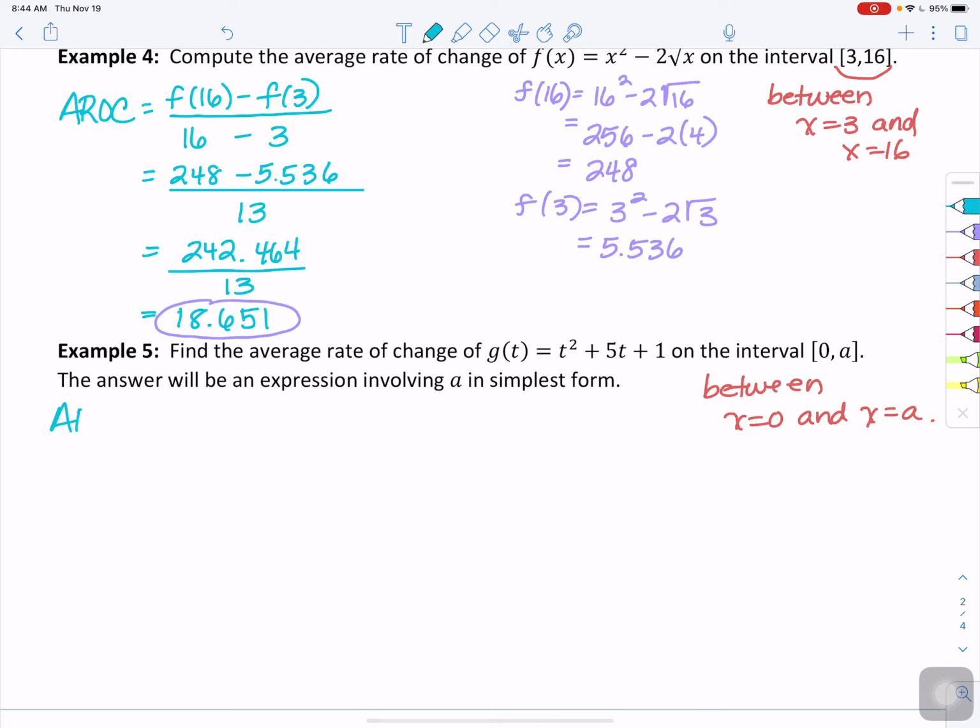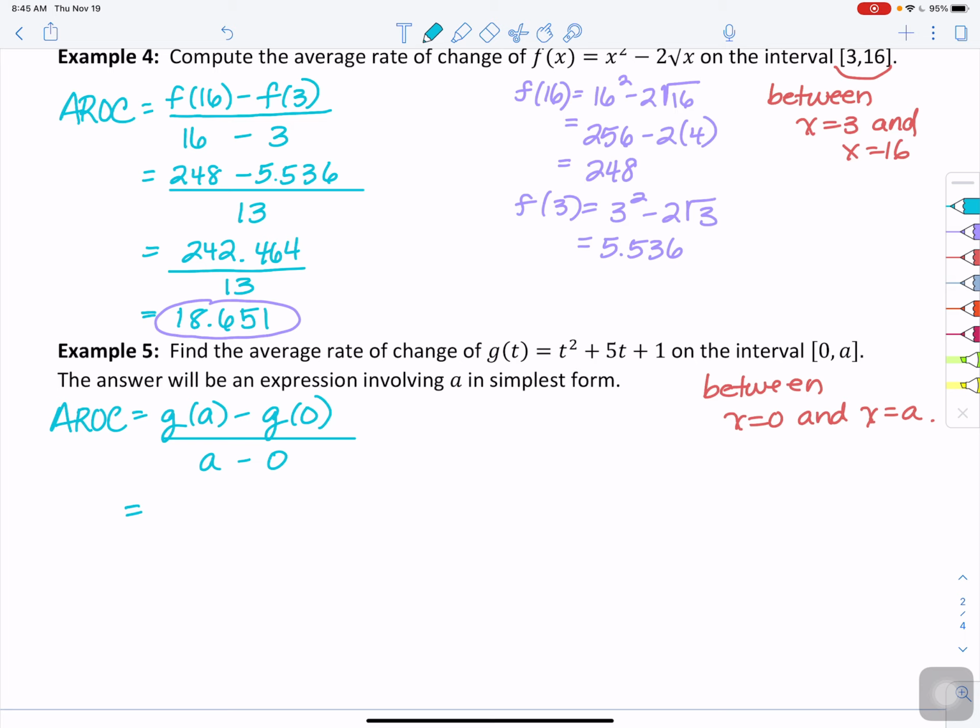The average rate of change is going to be f of a minus f of 0 over a minus 0. So let's go right under here. And actually, instead of me saying f, do you see that our function is called g? So it's probably better to say g of a minus g of 0. Okay?